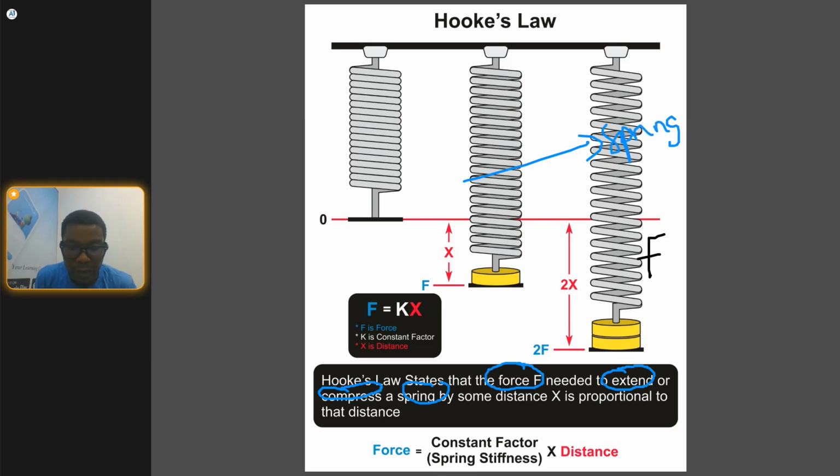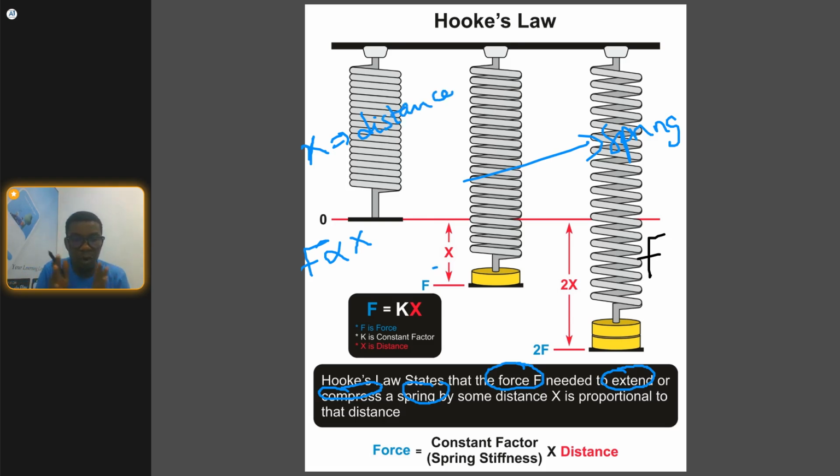A spring by some distance x is proportional to that distance. Force equals a constant factor, which is the spring stiffness, times distance. Force is proportional to x. That x represents the distance.